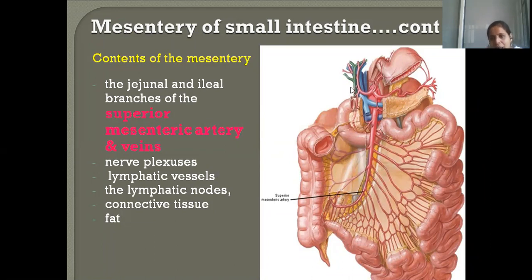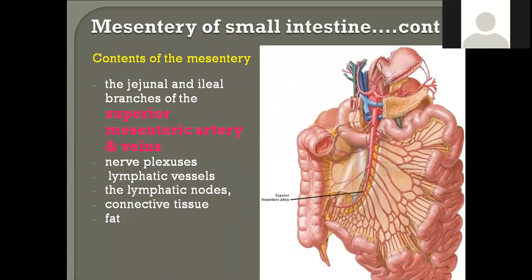Because the artery of foregut is celiac trunk, please remember. The artery of midgut is superior mesenteric artery and the artery of hindgut is inferior mesenteric artery. This basic thing will help us to remember the blood supply of all abdominal visceral organs.